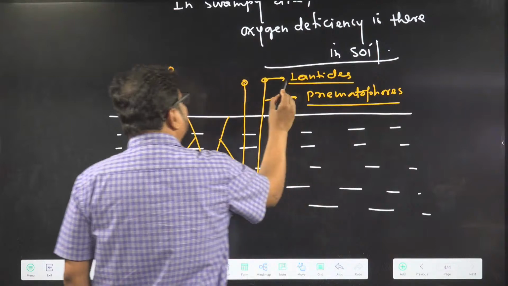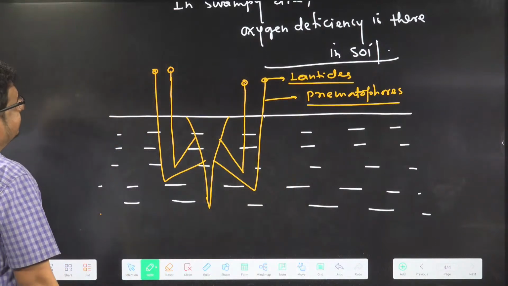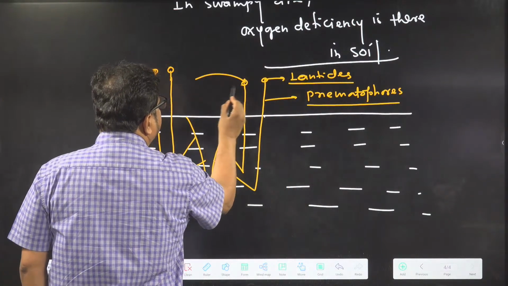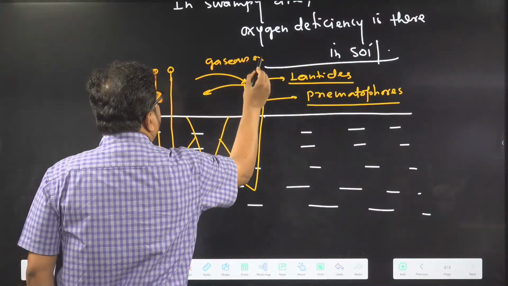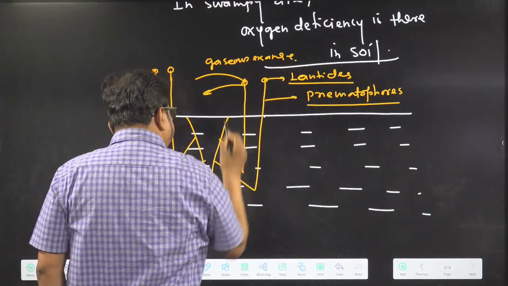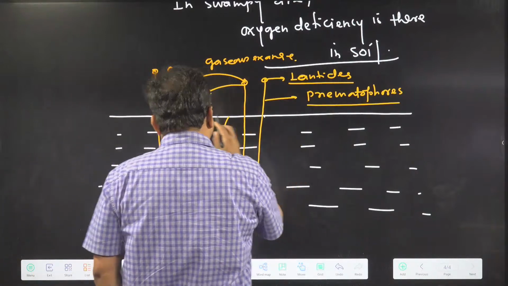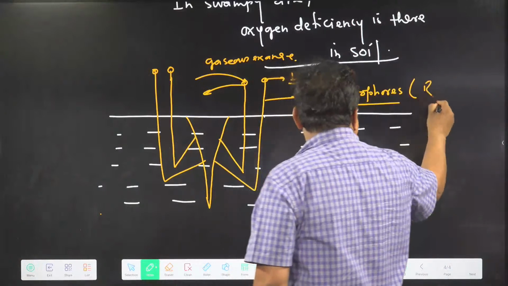And what do these lenticels do? Lenticels do gaseous exchange. So these are called respiratory roots.